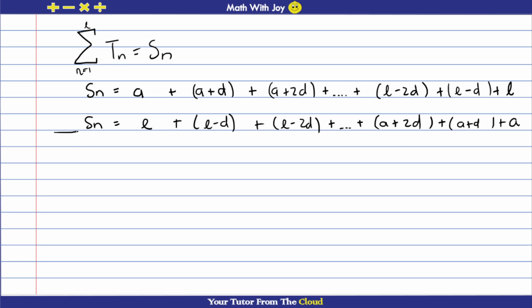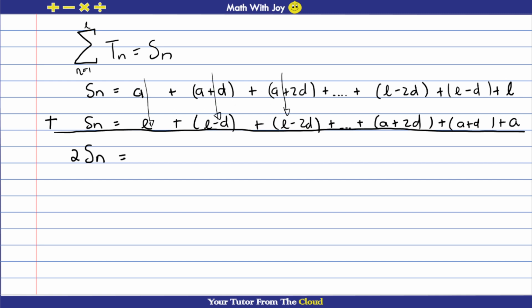Now we take these two equations and we're going to add them to each other. So I have Sn plus Sn, that gives us 2Sn. Now add these values like this, and you'll see something.